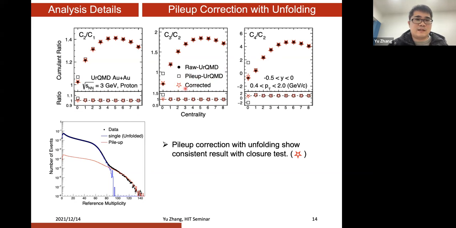The red stars are the pileup corrected cumulants using the unfolded single collision input. We see that with this method, the unfolded results are consistent with the closure test, consistent with the true result, shown as the black circles.